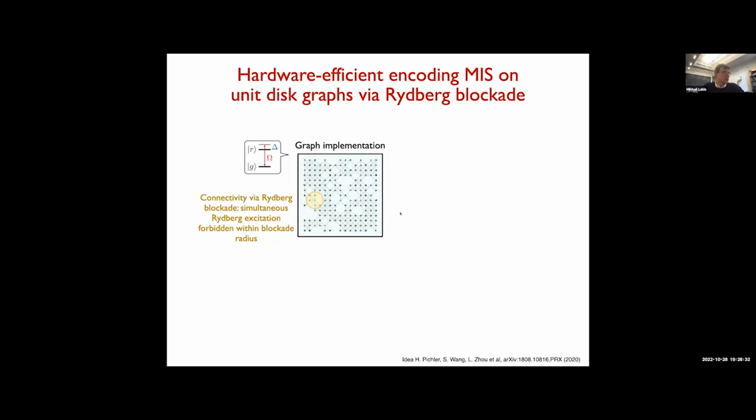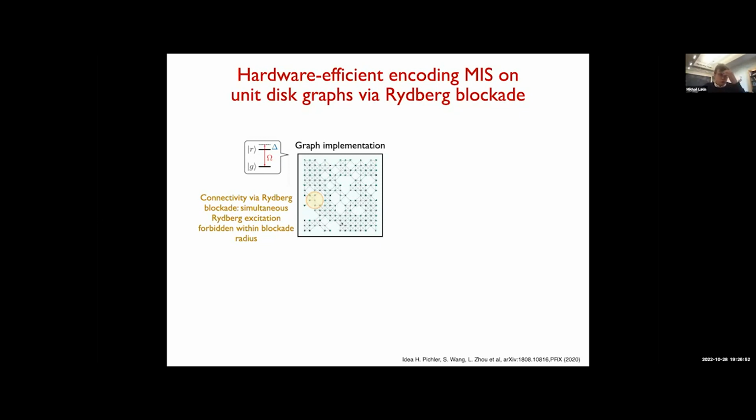So in particular, let's consider this graph like it's shown here. In this graph, every vertex corresponds to a single atom, and we adjust the blockade radius to give us a unit disk condition.